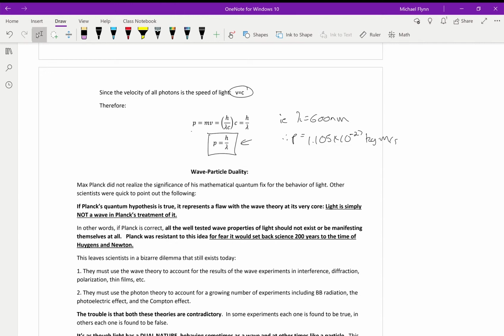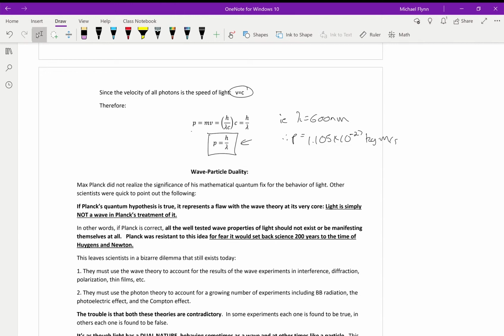If light's not a wave, it just doesn't do that. That's the wave theory. So wave theory explains that, no problem. Predicts it easily, can explain it, and we can do the math and get the right answers and everything else. It all works. But if light is a wave, then the photoelectric effect shouldn't happen. And it does. And you can't explain it if light is a wave.